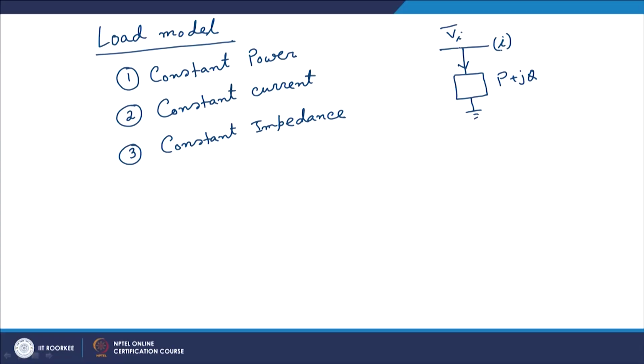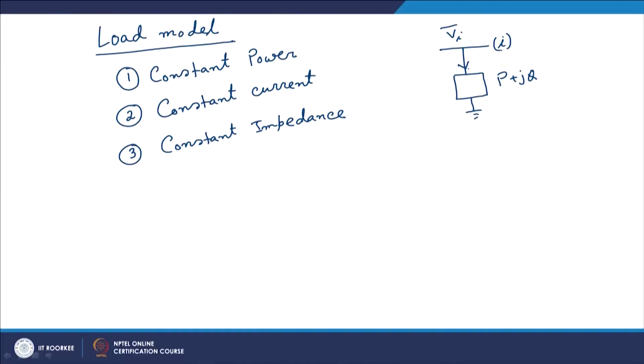If the voltage magnitude increases, the load adjusts itself to draw less current, so that P and Q remain constant. On the other hand, if the voltage at bus I decreases, the load will adjust its internal impedance so that it draws a higher current, to keep P and Q constant. So, it is basically non-linear in nature.